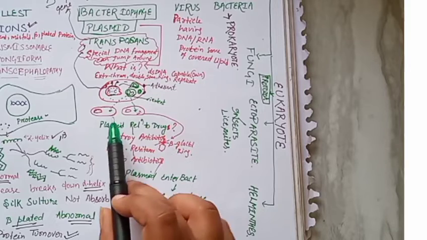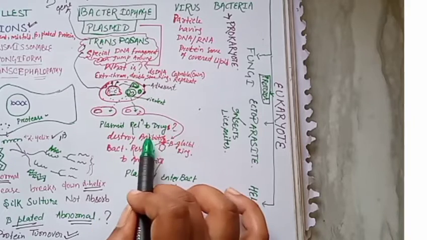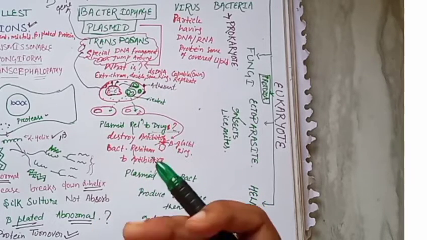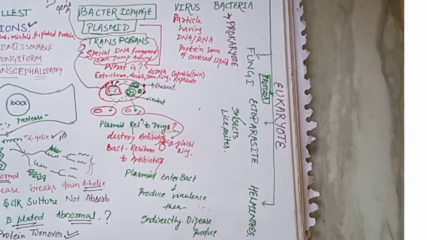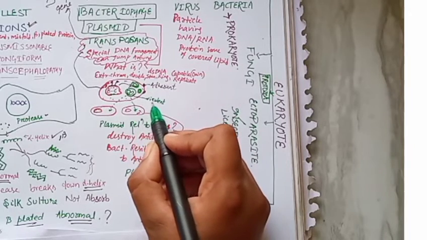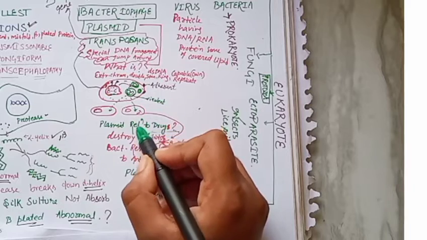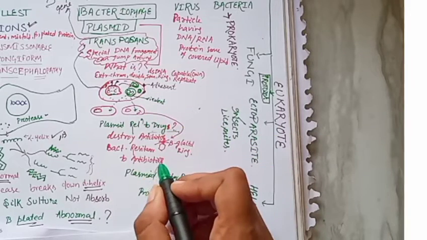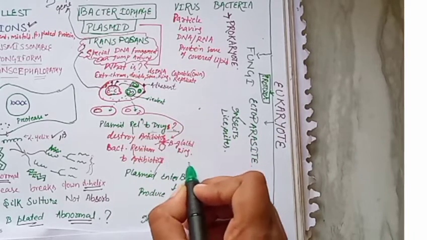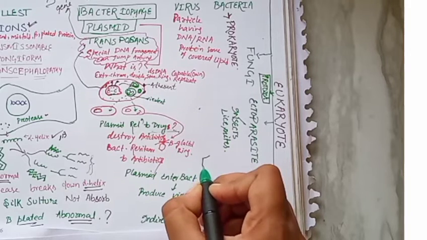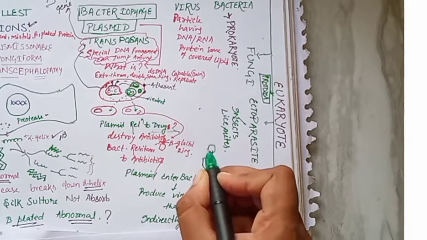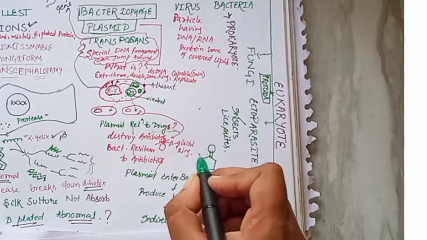So what is the role of a plasmid in relation to drugs? How does a plasmid cause drug resistance? Due to its virulent property, the protein which it secretes can act on, for example, penicillin. Penicillin has a beta-lactam ring.